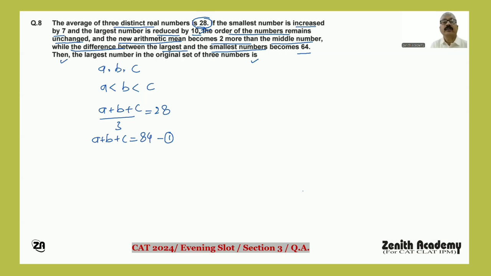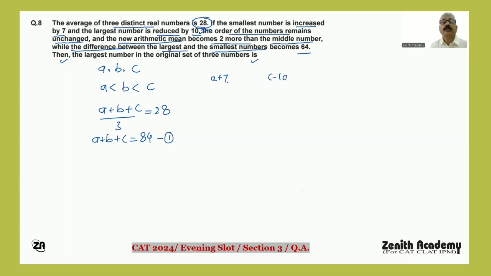Okay, further it is given, if the smallest number is increased by 7, so this is A plus 7. And the largest number is reduced by 10. Largest number is C, it is reduced by 10.